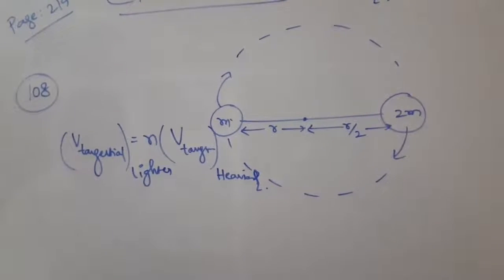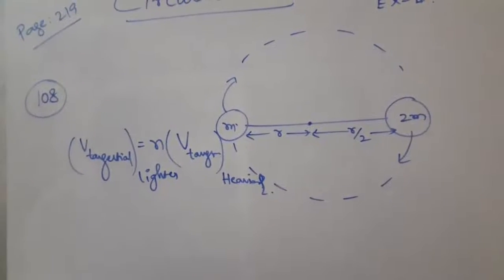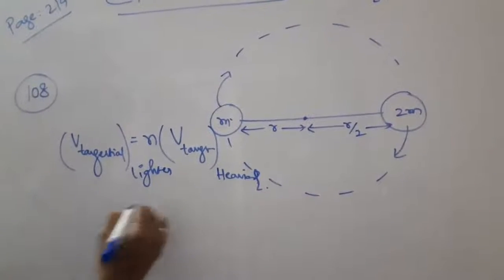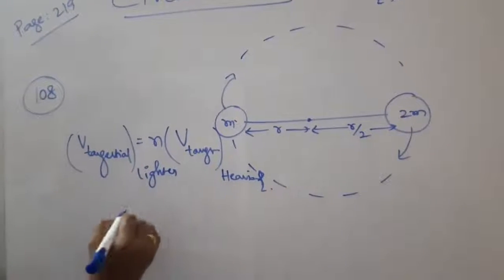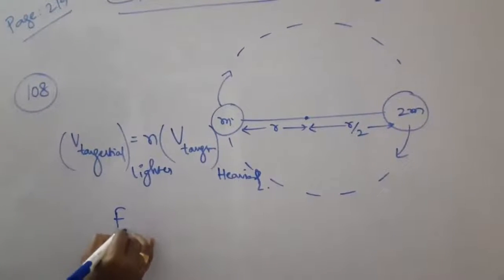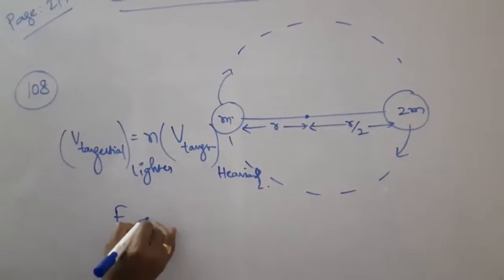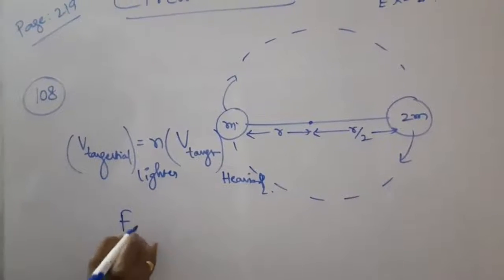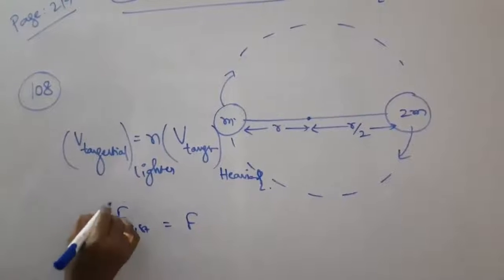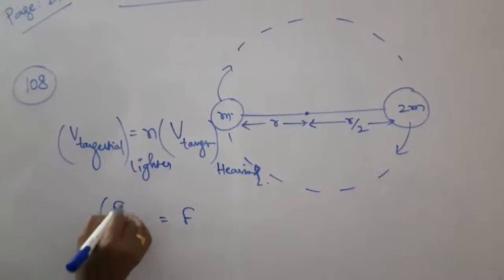This is the given condition, right? Both experience the same centripetal force. Therefore, the centripetal force of the first block, mass m, is equal to the centripetal force of the second block.